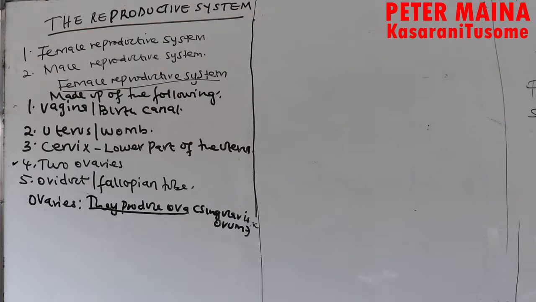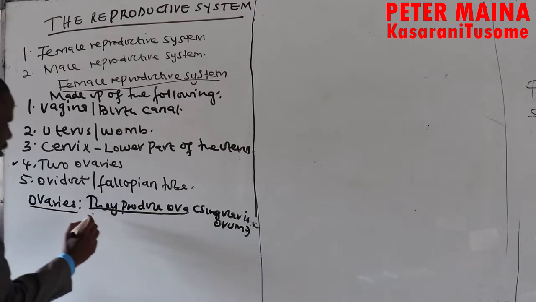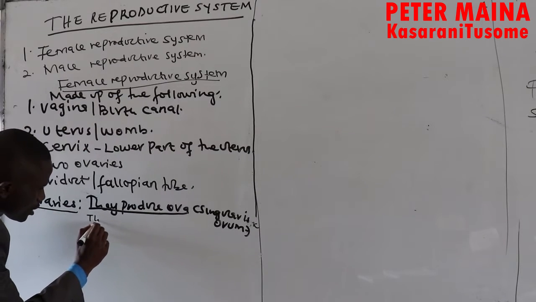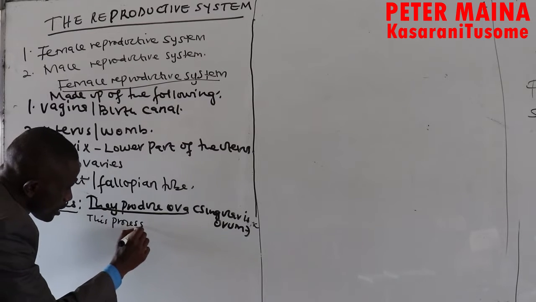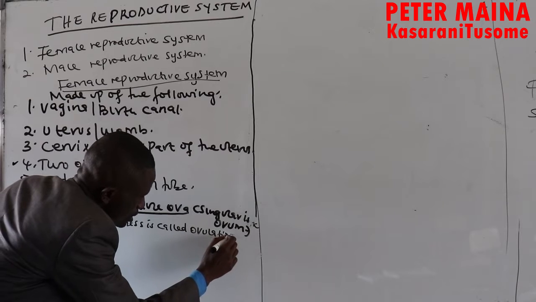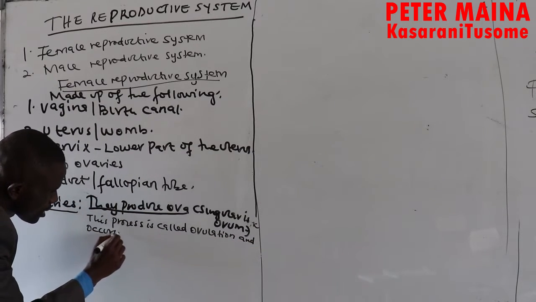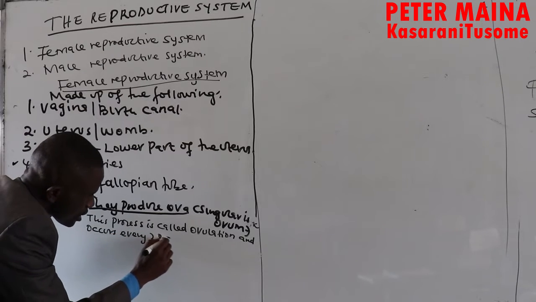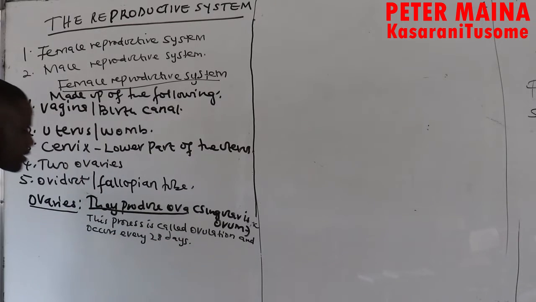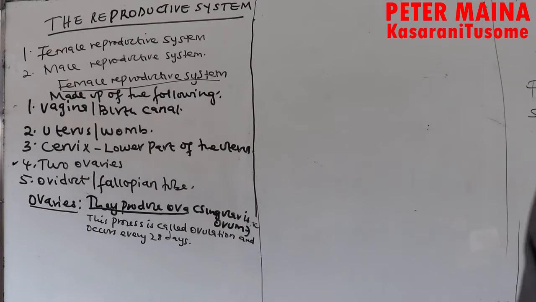This process, the production of ova, is called ovulation and takes place every 28 days.